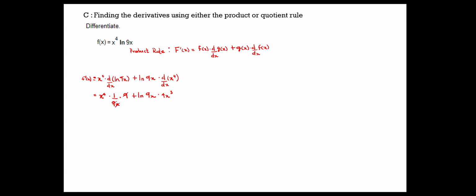So we can cancel out 9 and then x, and this gives us x cubed plus 4x cubed ln 9x. So that's how we can solve an example using the product rule.